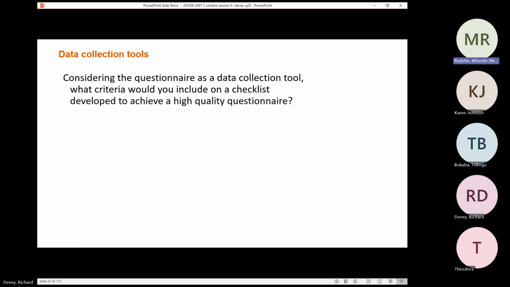I was just going to say that one of the criteria that I would include in my checklist when I'm developing a high quality questionnaire is, I think the first thing, to indicate the purpose and the objectives of the study, so that the people participating in my questionnaire are able to understand the purpose and objective of the study, and as the researcher, I will be able to see if the questions I have provided in the questionnaire align with the research goal or research objectives.